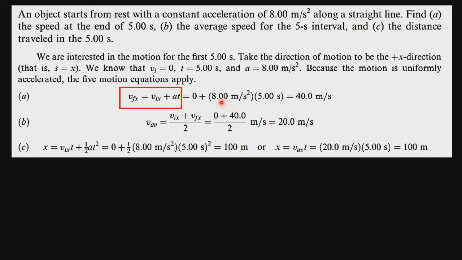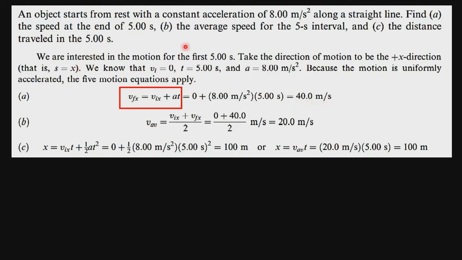We multiply 8 times 5, and cancel out the second there. So that becomes 40 meters per second. And so we are answering letter A, which is to find the speed after 5 seconds: 40 meters per second.